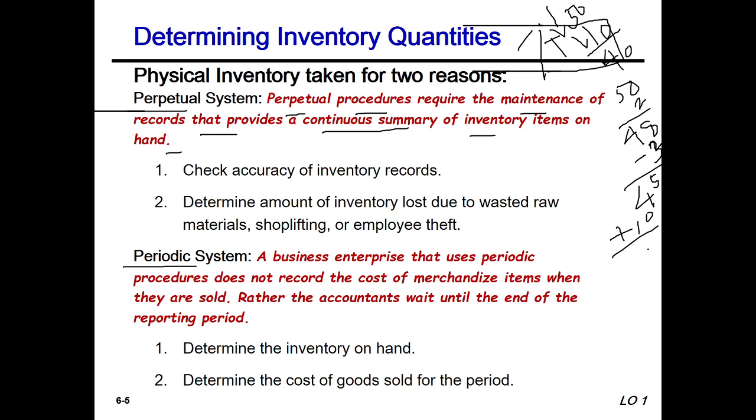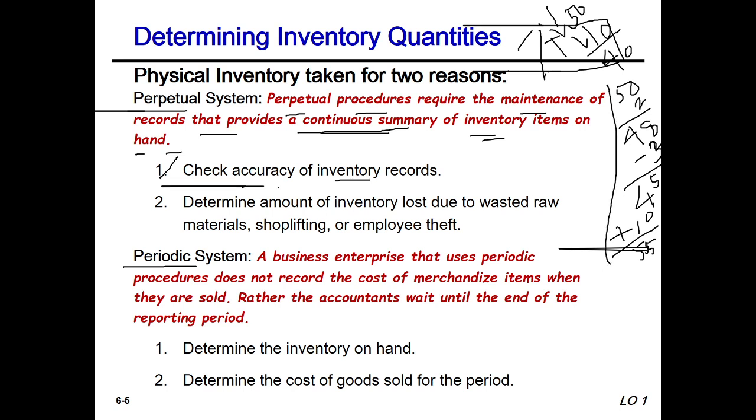So in our hand 55 television sets are available. Okay. So this is very easy to understand, and we call this the continuous summary of inventory items on hand. Okay. So here we check the accuracy of inventory records. That means every day's records we can check.